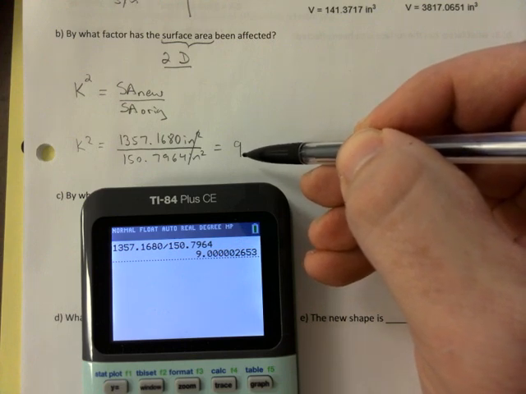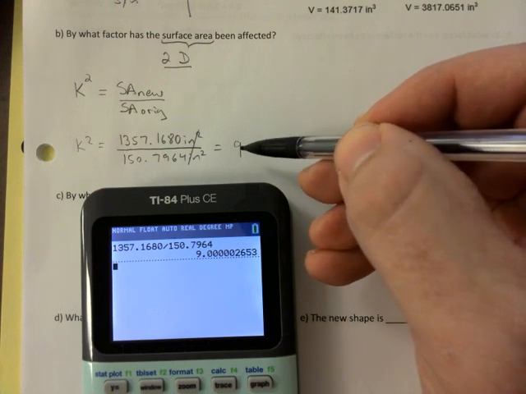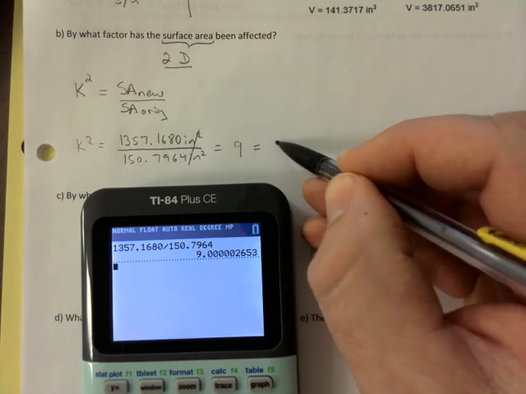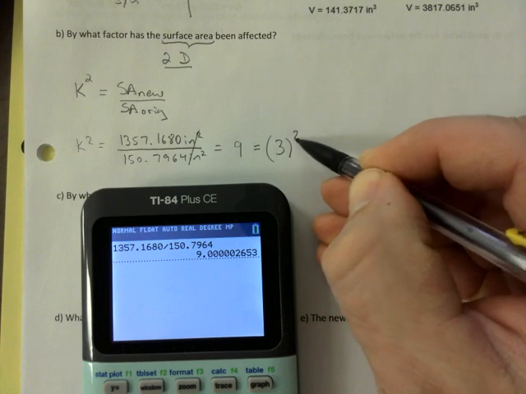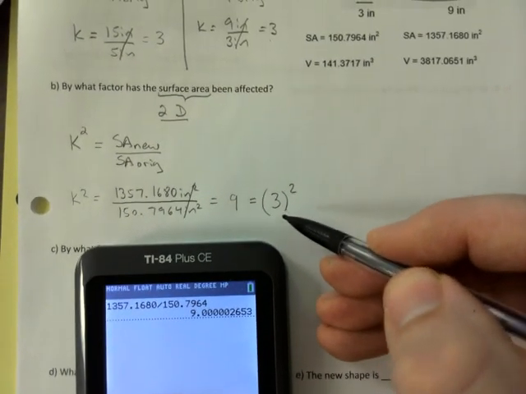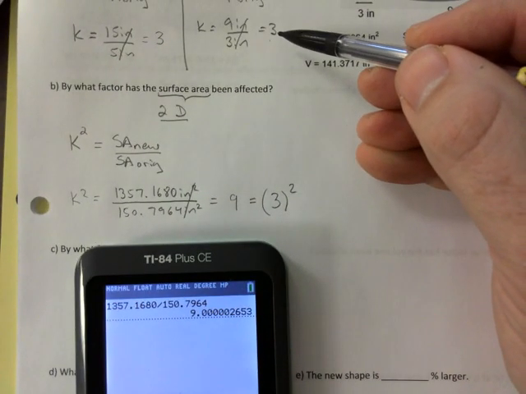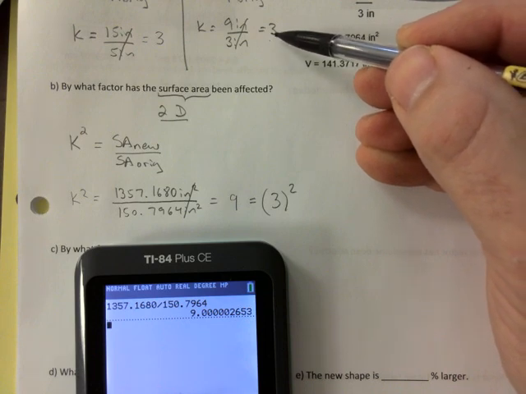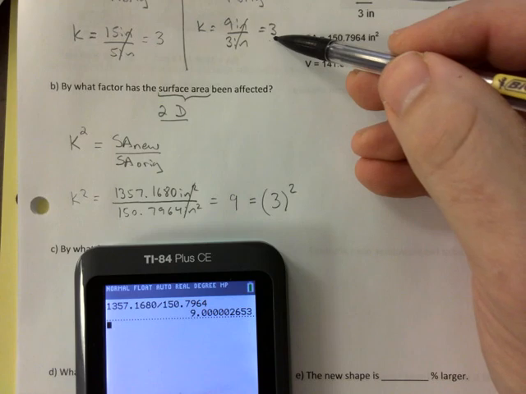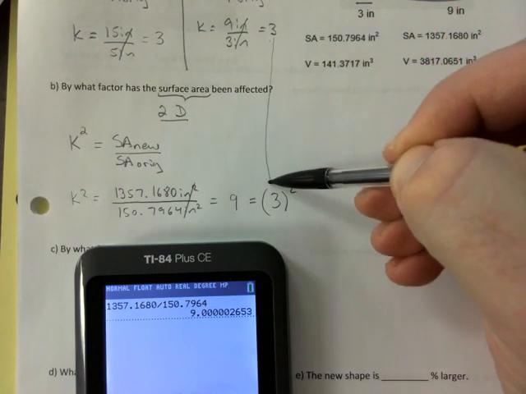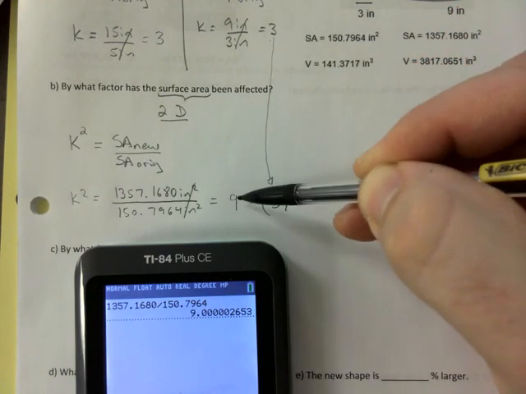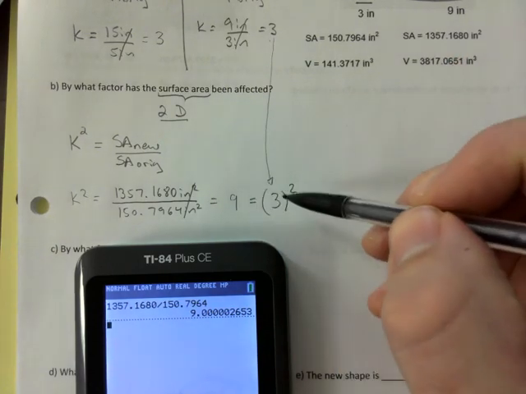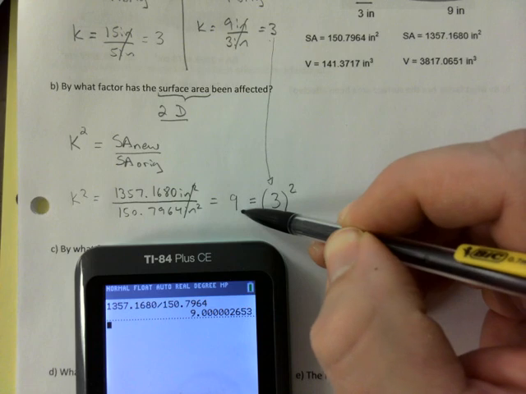So the surface areas have been affected by a factor of 9, but really, this is 3 squared, isn't it? We take the original scale factor that we had, scale factor, we're not scared of this, right? We take this and we square it. That is what the areas have been affected by. They have been affected by a factor of k squared, which is 9.